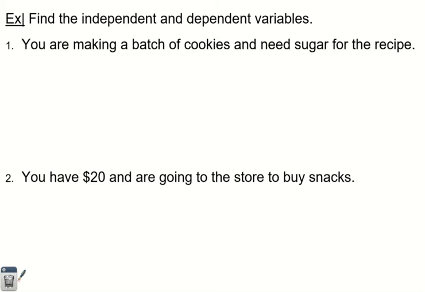Okay? I think maybe a good example is the number of people that you could expect to go to the beach on a given day would depend on what the temperature is.